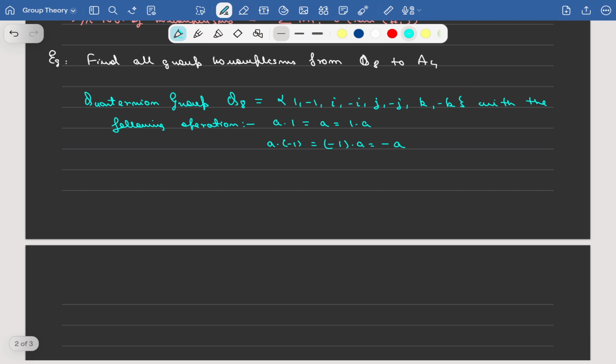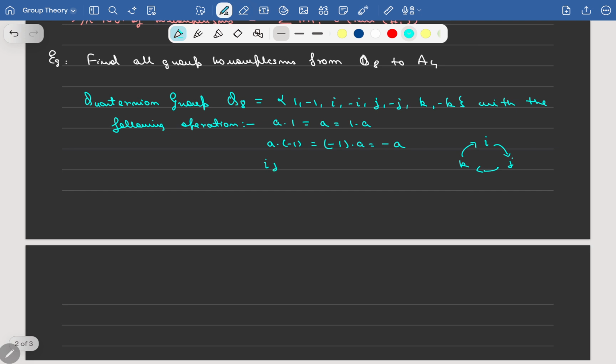Nevertheless, the main thing is how to multiply these i, j, k. For that you can just take hold of the cyclic structures. You can think of them as vectors in the complex plane. So these represent things like this: k here, and so the cyclic structure. I'm just writing one of them. As you go along the arrow, you get the next element.